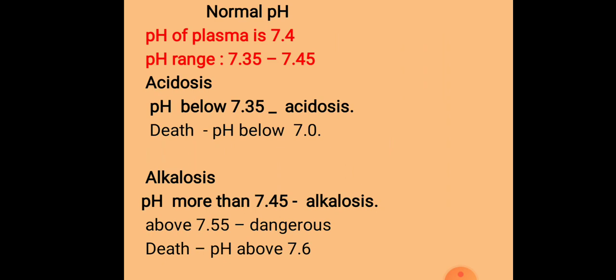Now what is alkalosis? Alkalosis means when pH is more than 7.5, it is termed as alkalosis, and if it goes above 7.55, it would be dangerous, and that can occur when the pH is above 7.6. So it should be maintained at a pH range of 7.4.